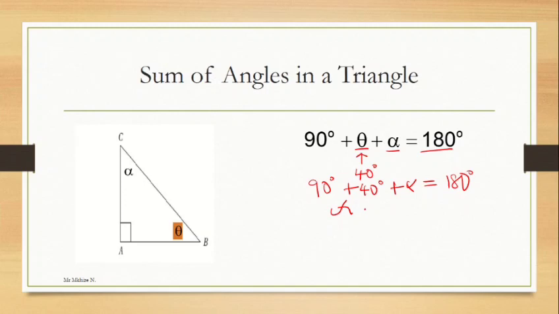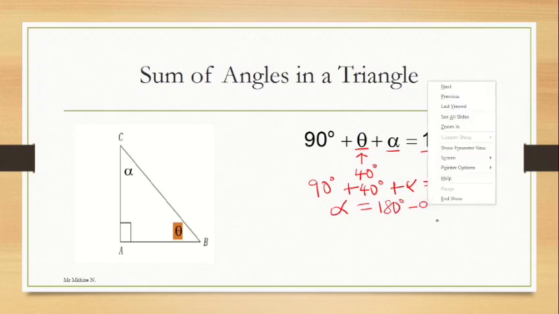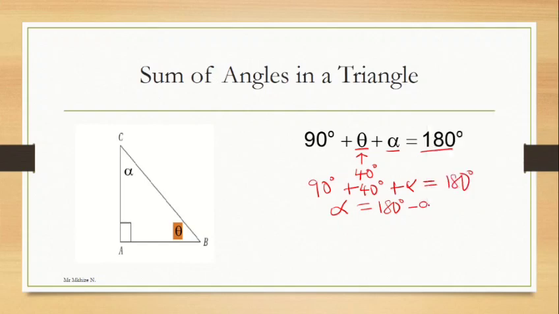You will have 180 minus 90, and then you'll have minus 40 degrees. So alpha will finally be 50 degrees.